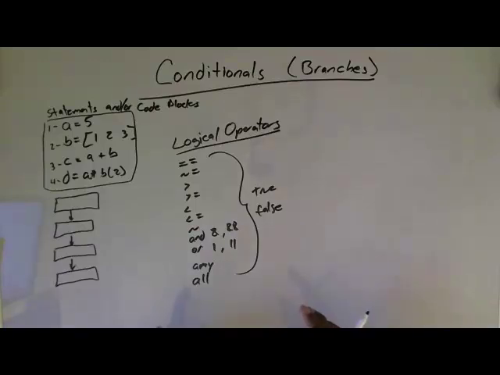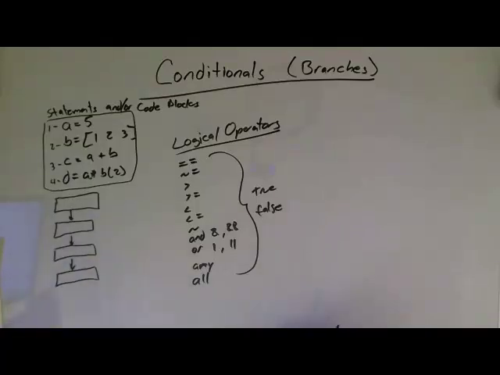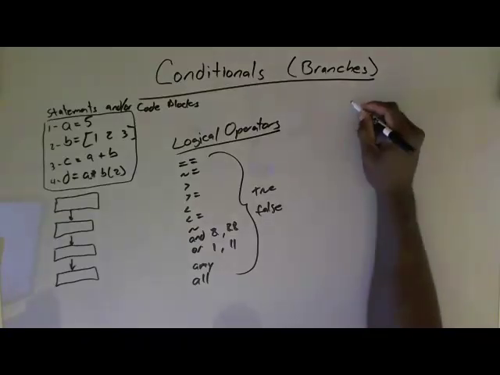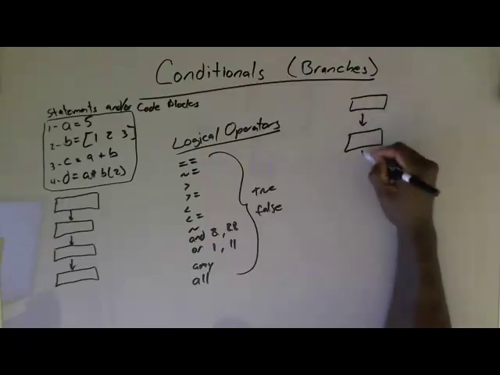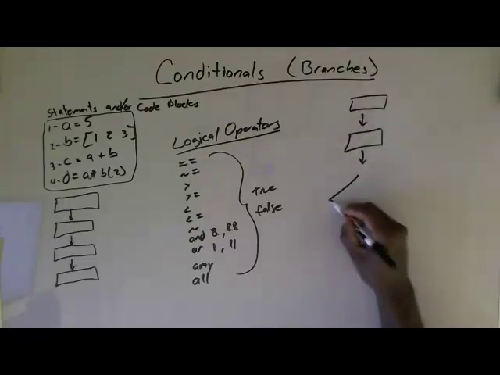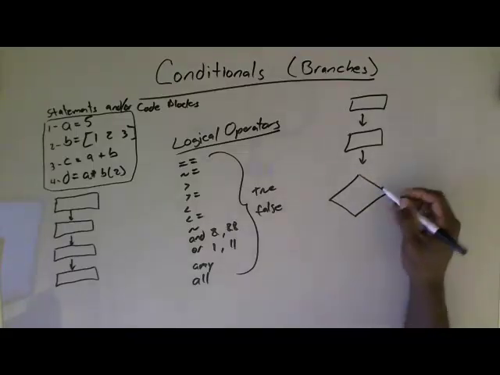Instead of having to execute code sequentially, with conditionals we can now determine which blocks of code we execute via some logical test, some true or false test. The way it looks is that we're executing these blocks of code, and now we put in some conditional, and we'll represent that flowchart style with a diamond.